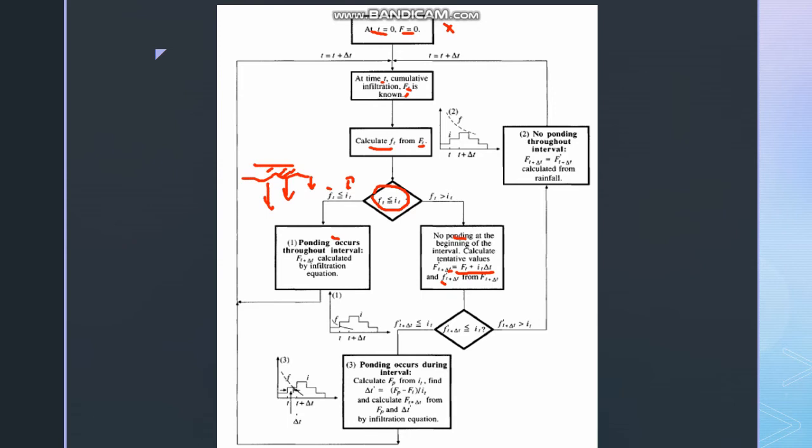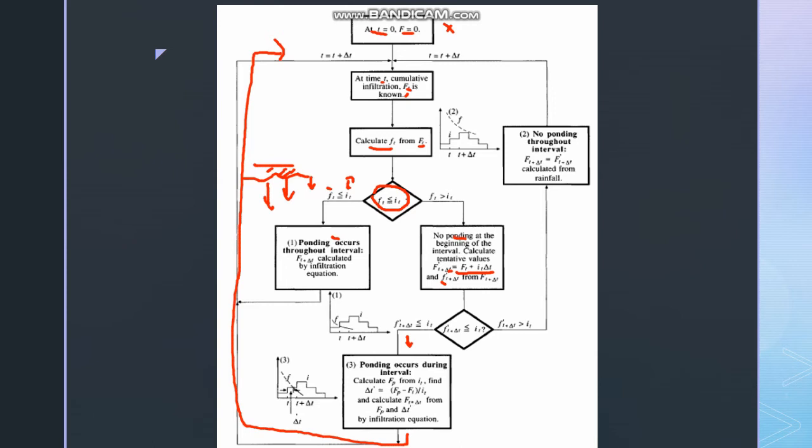Then we go down again and see if the infiltration rate is higher or lower than intensity. If it is lower than intensity, then ponding occurs again, and we follow up and go back to the iteration.